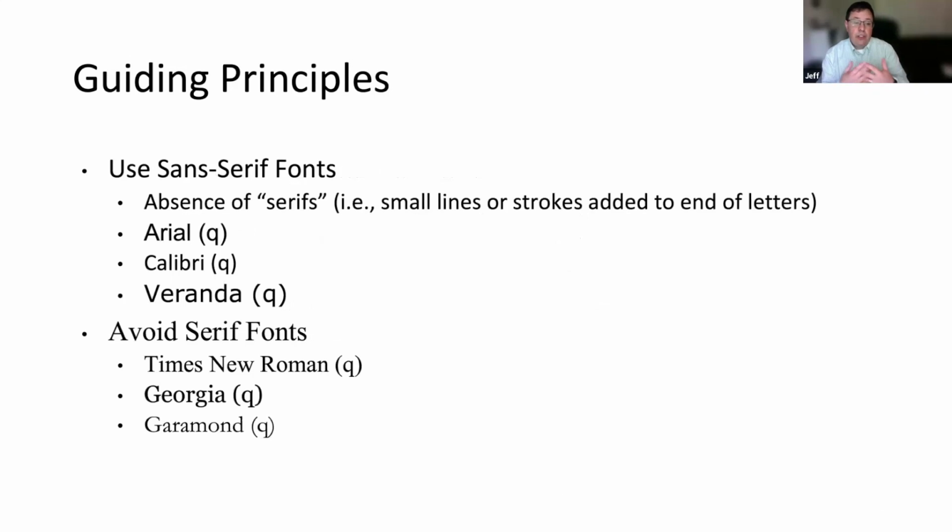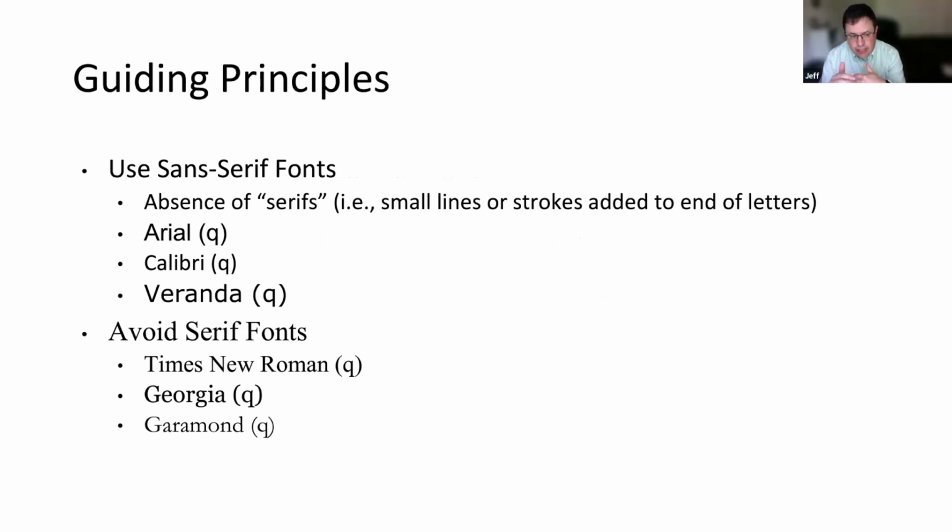You also want to use fonts that are described as sans serif fonts. So this is like Arial, Calibri, Verdana. The way you can tell something is a sans serif font: the serif is the little lines or strokes that are sometimes added to the ends of letters. You could look at the letter Q here, which I've put in each font.